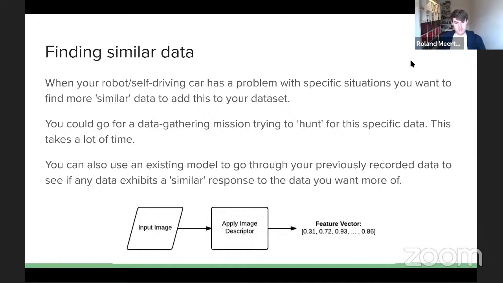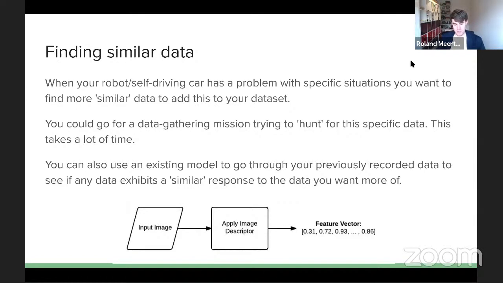But what's way more interesting is to use a neural network or another machine learning model to create a feature vector. If you have a neural network, you have a specific output for your prediction, but you could also take the latent features in your neural network and say, okay, this is now my feature vector, and then you can try to find images which are similar in terms of feature vector.